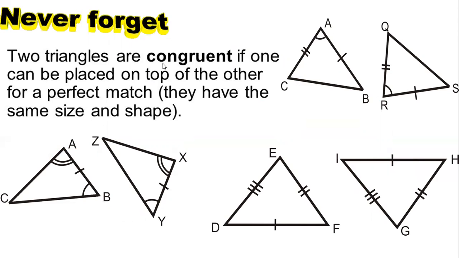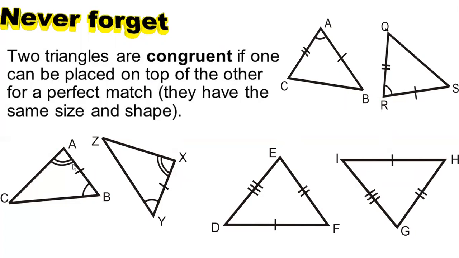Two triangles are congruent if one can be placed on top of the other for a perfect match. What does this mean? If I put a triangle ACB above the triangle XYZ, they will look to me like a perfect match.